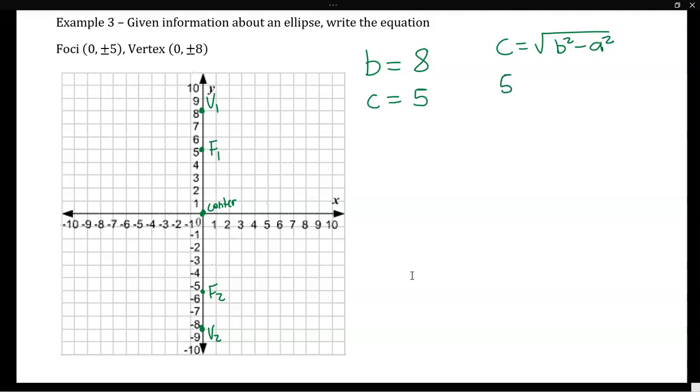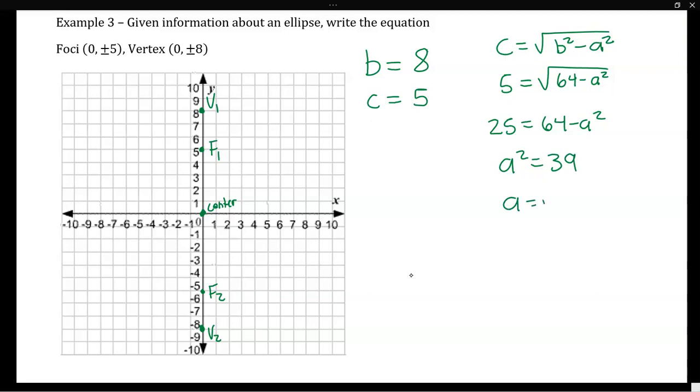So we know 5 is equal to the square root of 64 minus a squared. So if we square both sides, we get 25 is equal to 64 minus a squared. This will give us a squared equals 39.